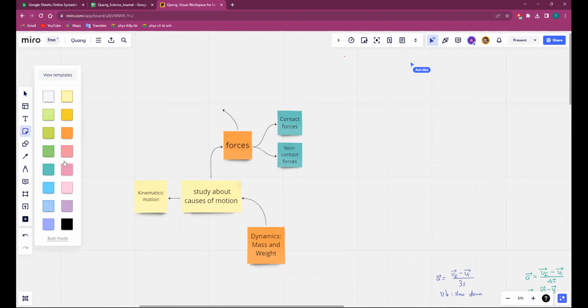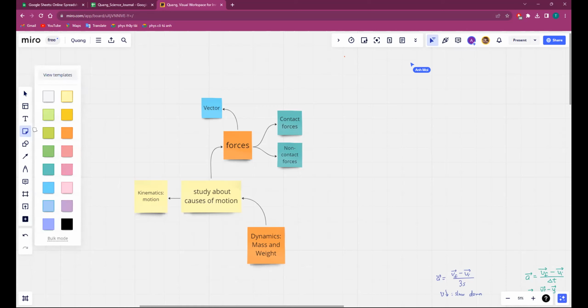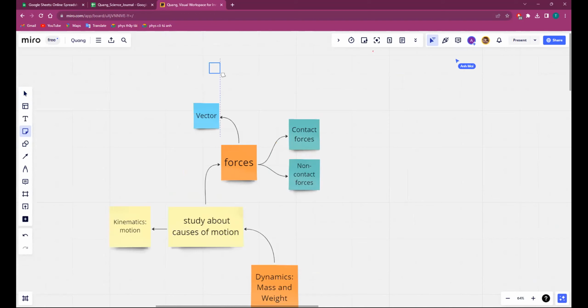What properties of a vector do we need to mention? It will have direction. Very good. And with direction, we get the head and the tail.